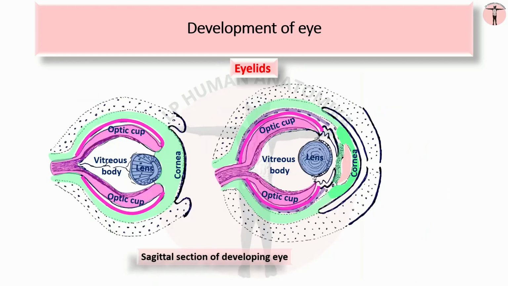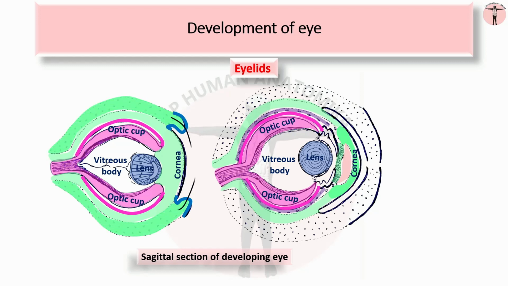We are now left with development of ocular associated structures, which includes eyelids, orbit, and extraocular muscles. To start with eyelids, early in the 2nd month of gestation, surface ectoderm forms folds which are filled with mesenchyme.